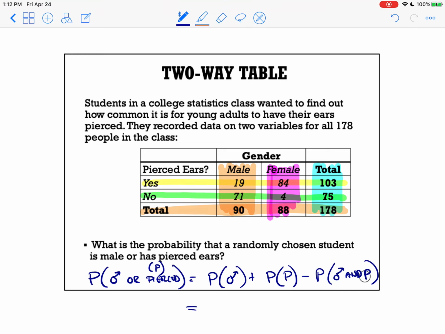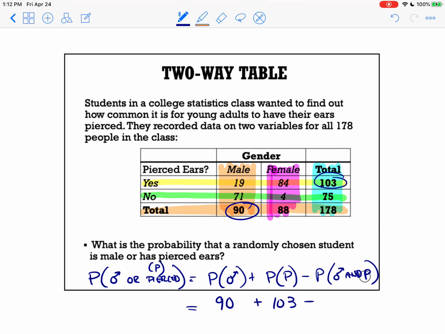Okay? And so the probability that they're male, I'm just going to count up all the males. Oh, nope, sorry. That's the total number that have their ears pierced. The total number of males are 90. The total number of people with their ears pierced, that's the 103.